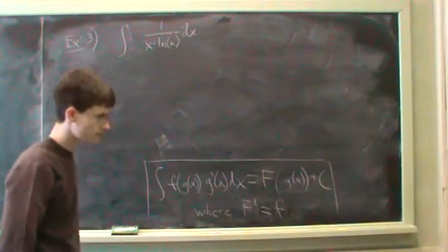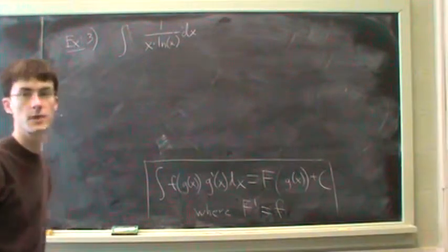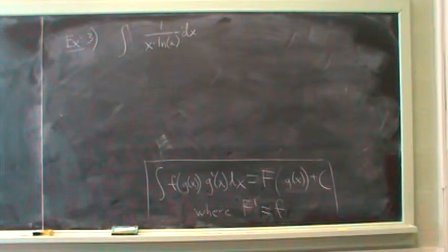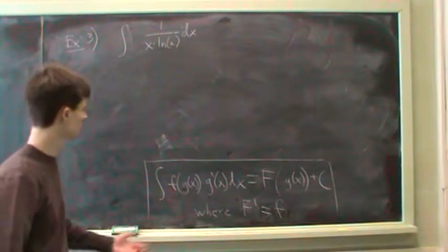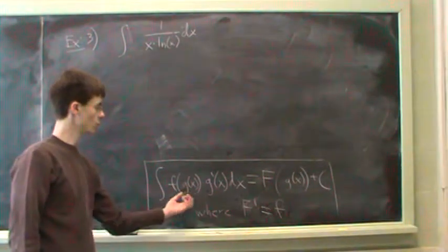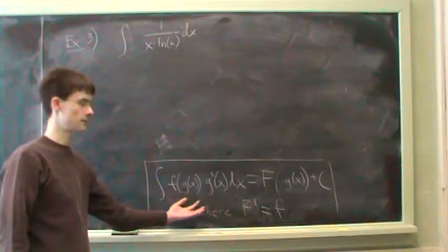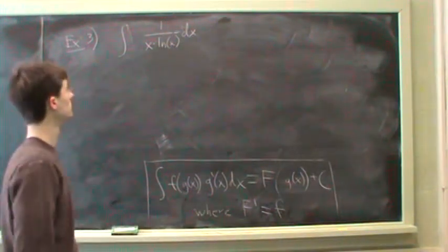So in this problem, it's not as clear how there's a composition of functions, or how we should break things up into pieces, how we'll have a composition, and what piece will be the derivative of the inside function.